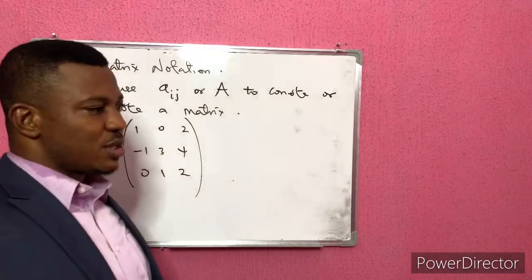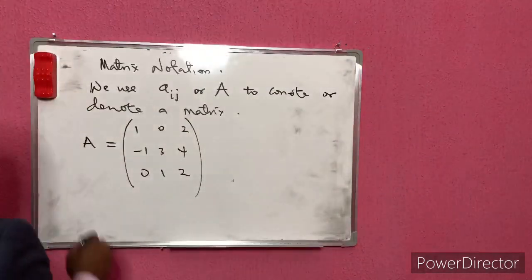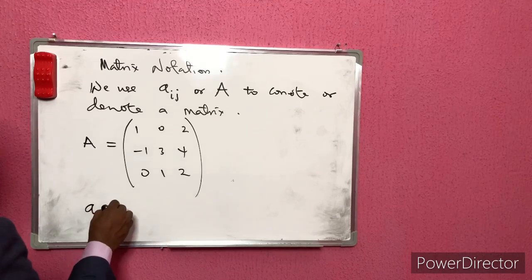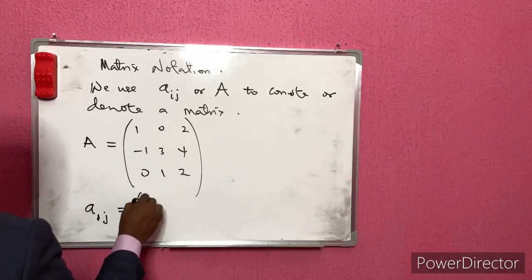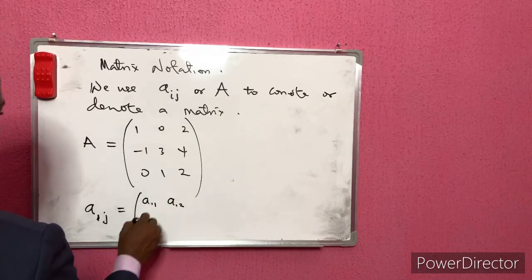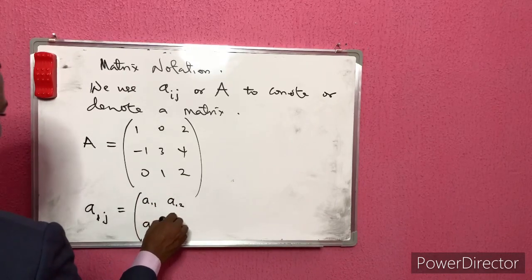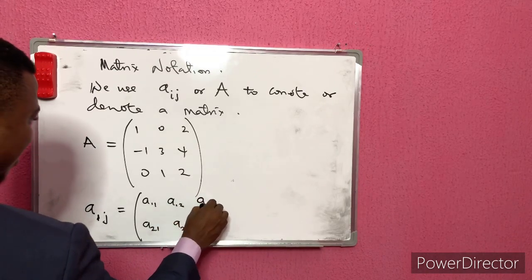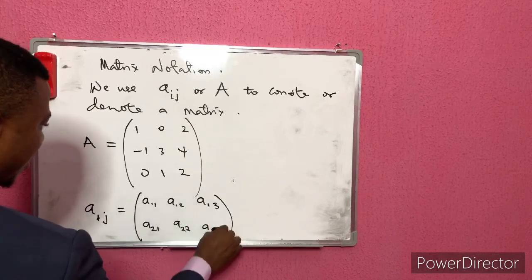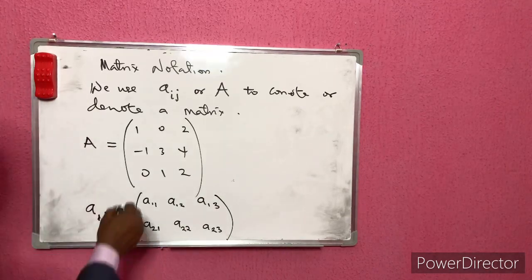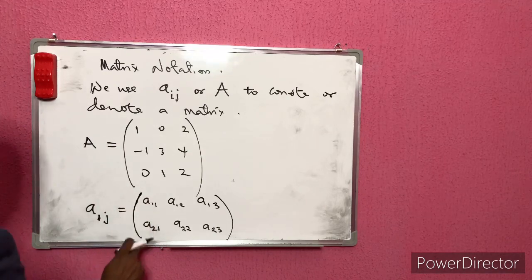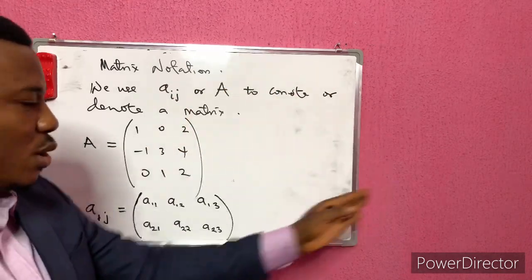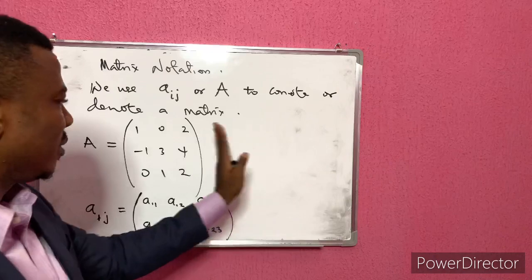We can as well use Aij if we have something like Aij to show A11, A12, maybe A21, A22, A13, A23. So these are both matrices. This is a 3 by 3 matrix, 1, 2, 3, 3 rows, 1, 2, 3, 3 columns, 3 by 3 matrix.